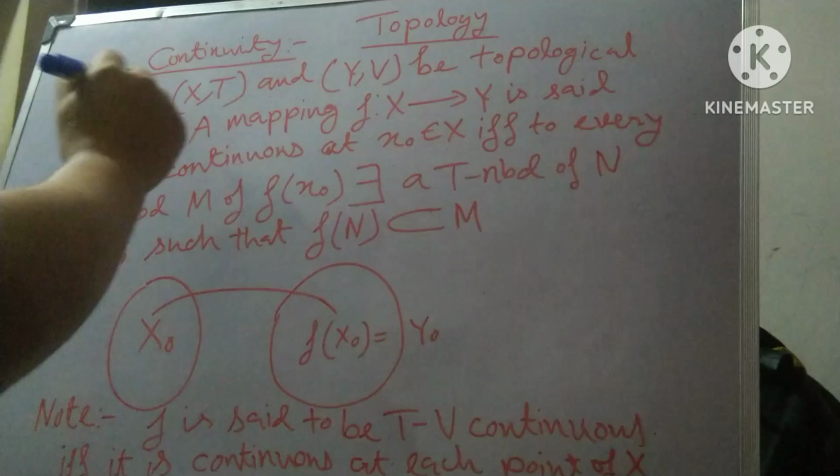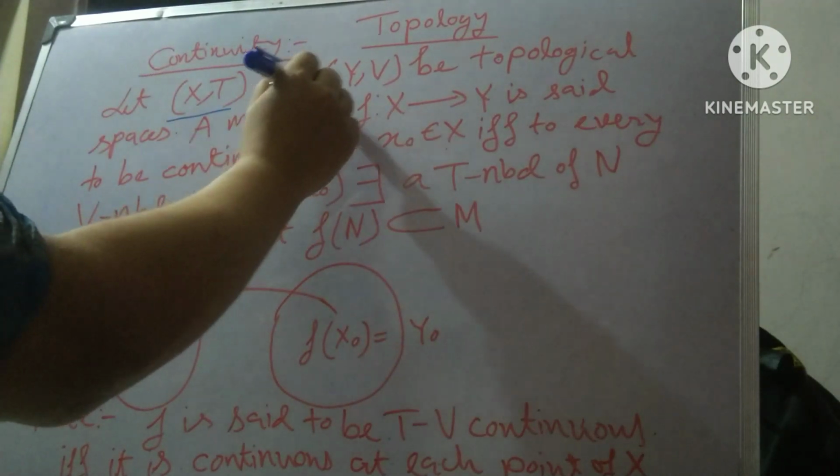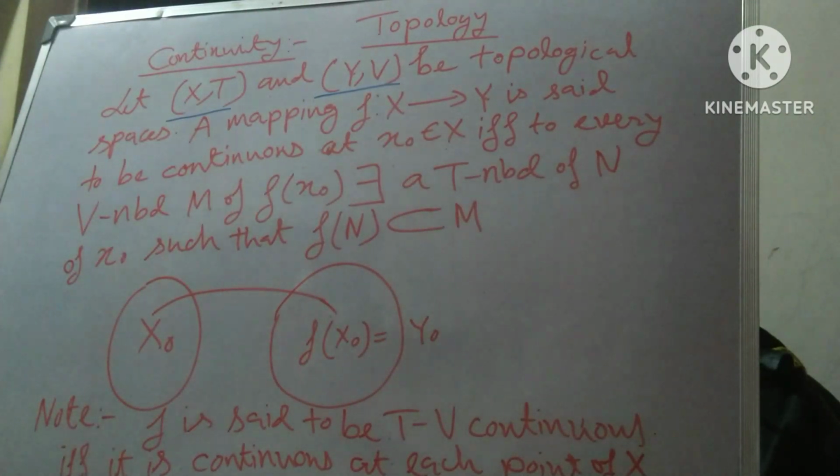Let (X, T) and (Y, V) be topological spaces.